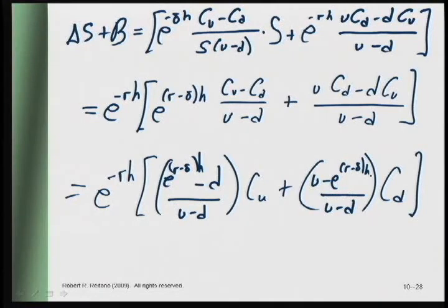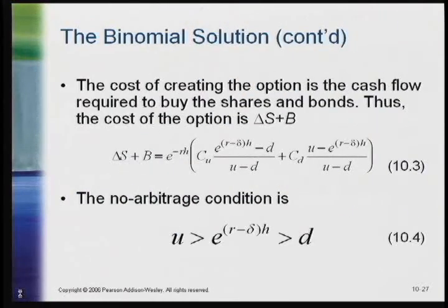And that's just what we saw a moment ago. Namely, that we can look at this price as a present value of exercise values of the option, where I have two coefficients, this term and this term. And we're going to investigate these in a minute.